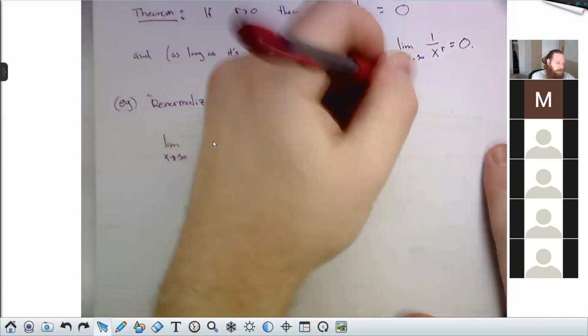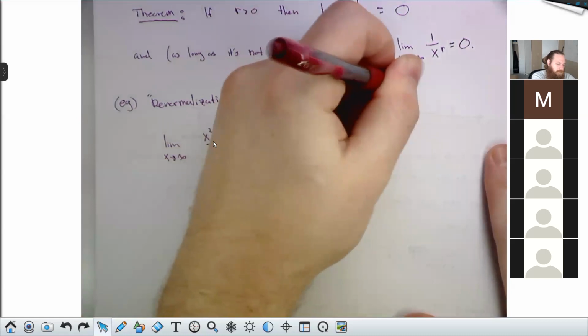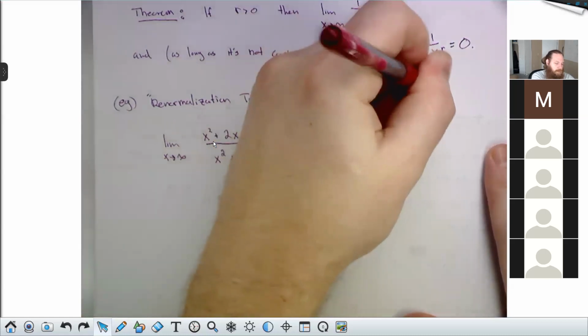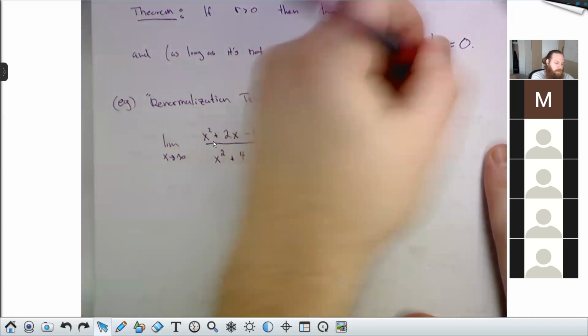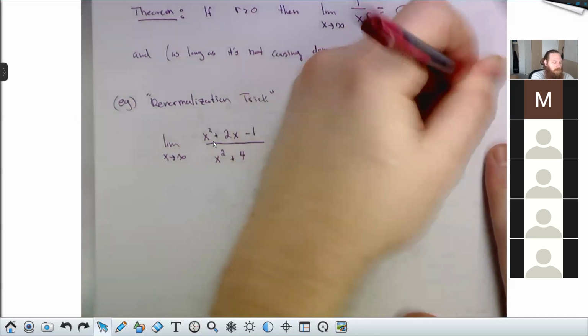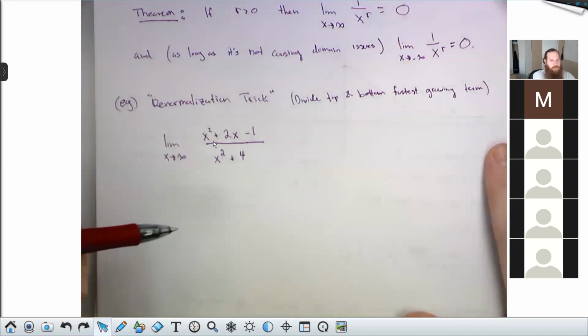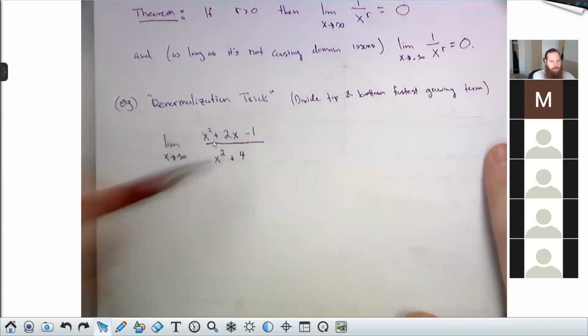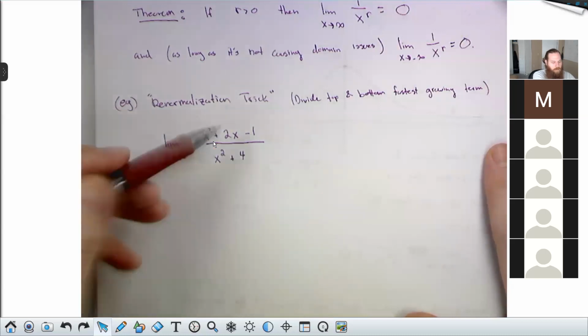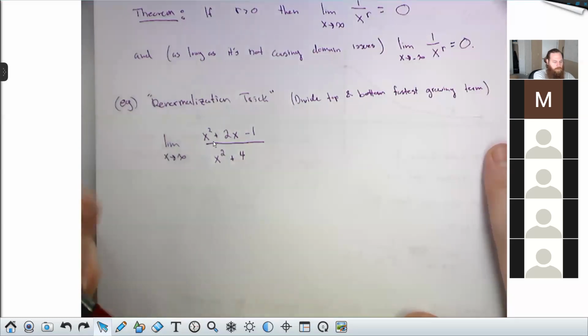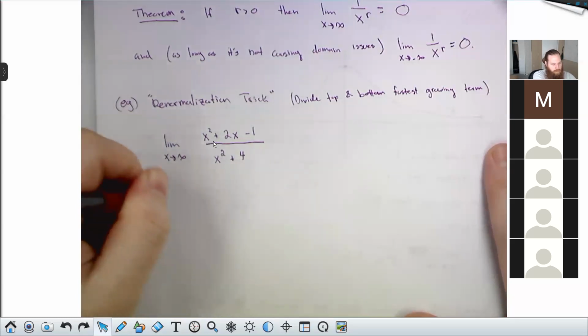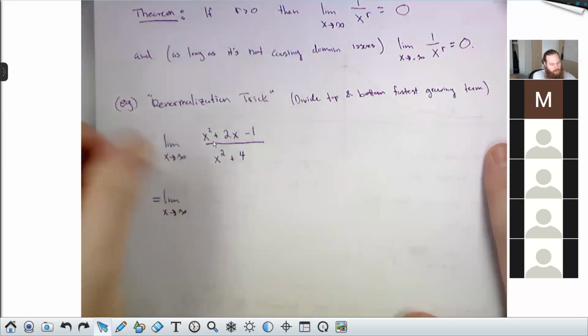In general, you divide top and bottom by the fastest growing term. x squared grows faster than 2x, and both of those grow faster than 4 or -1. The fastest growing term is therefore x squared. So my renormalization trick is to divide top and bottom by the fastest growing term.